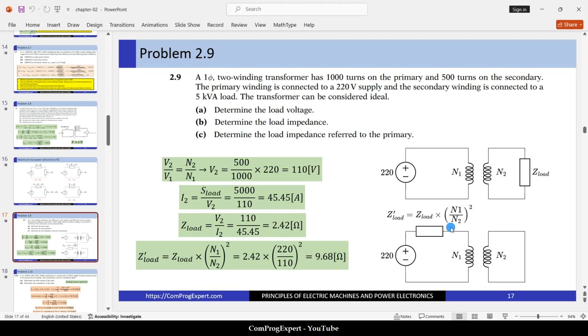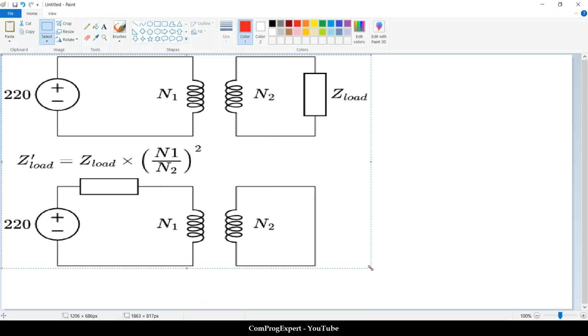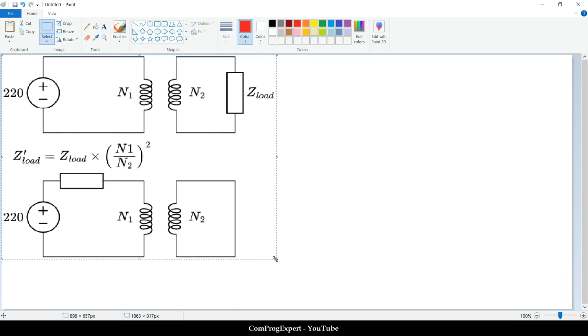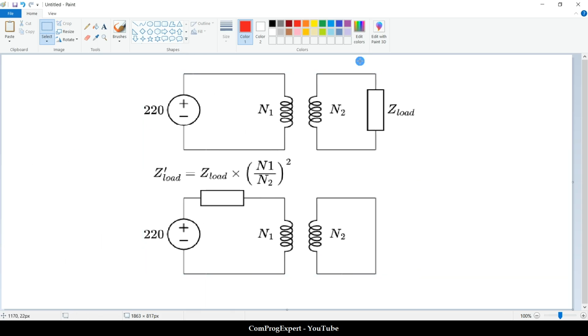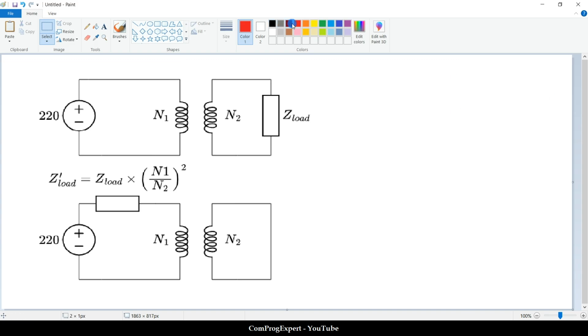Using this equation. Yes. So let me copy this. Here you can remember this pattern. When you want to transfer load impedance from this side to this side, first you should look at this number of turns, then this one.